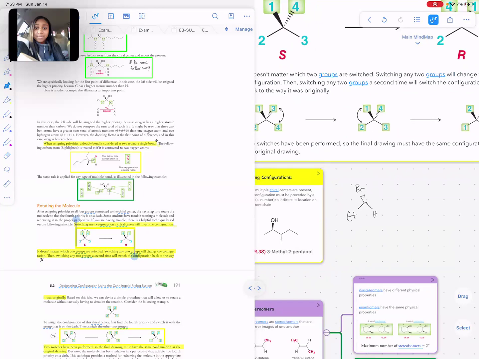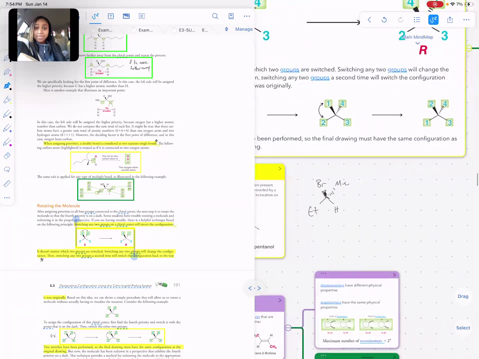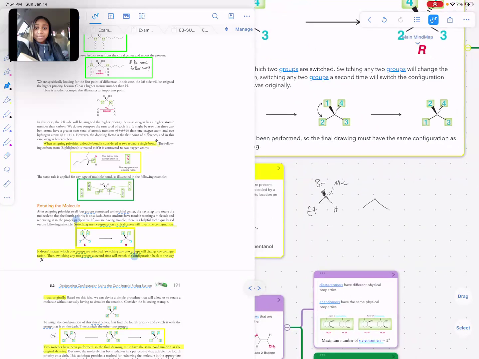So this is methyl, let's say methyl, right? I could have just as easily drawn this methyl, Br, hydrogen, and ethyl, right?